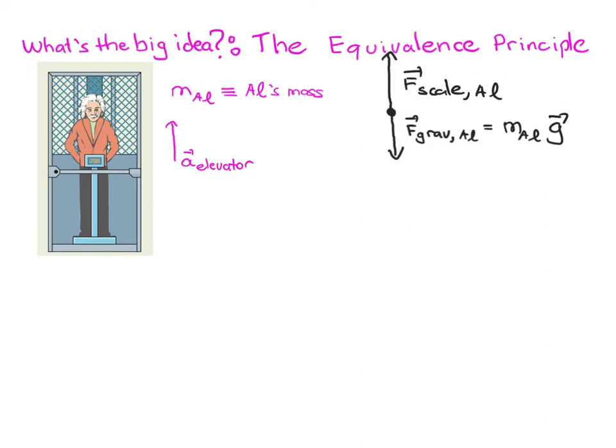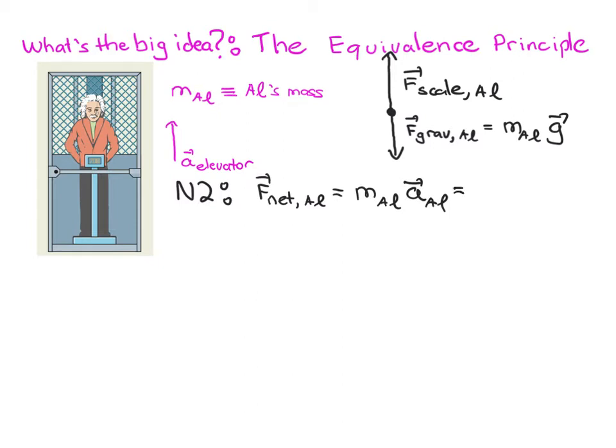Okay, next we will apply Newton's second law to the situation. Newton's second law says that the net force that acts on Al is equal to Al's mass times his acceleration.